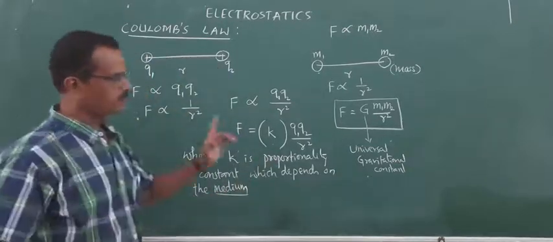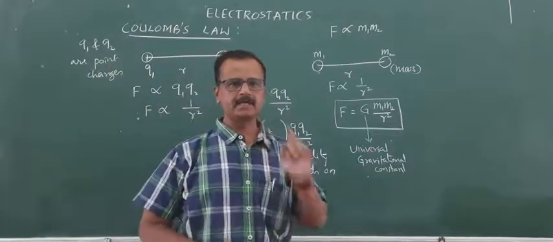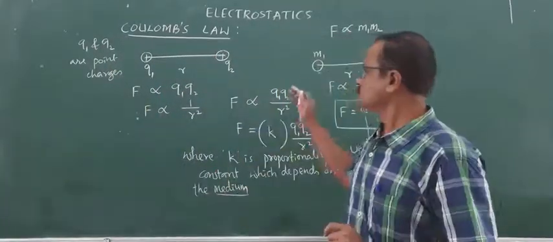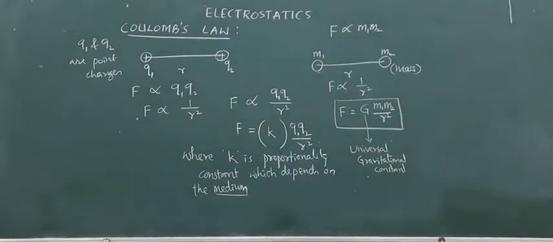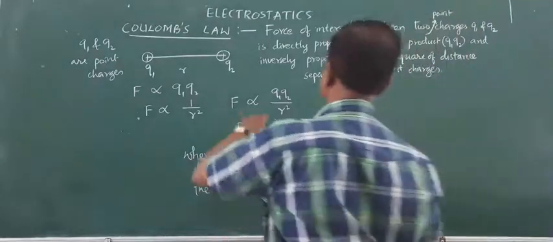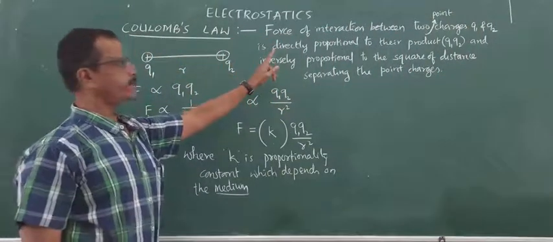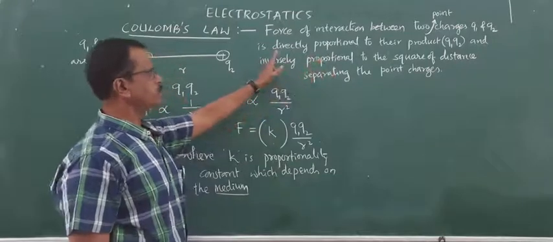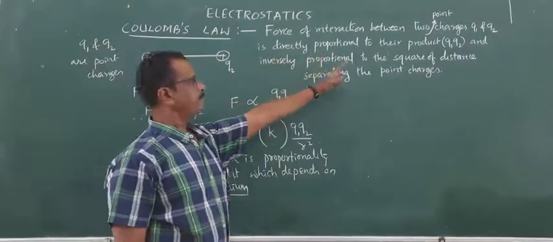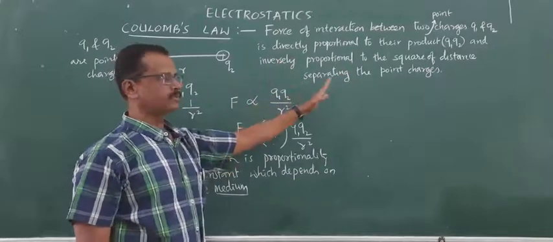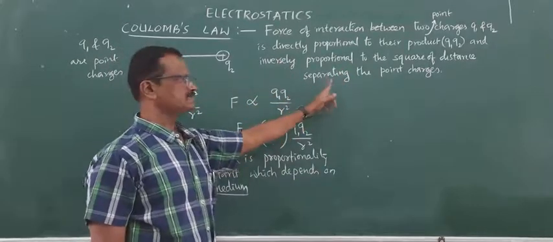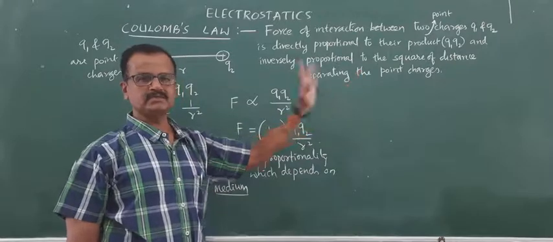First we will write the Coulomb's law statement. The force of interaction between any two point charges Q1 and Q2 is directly proportional to the product of their charges and inversely proportional to the square of the distance separating those two point charges.